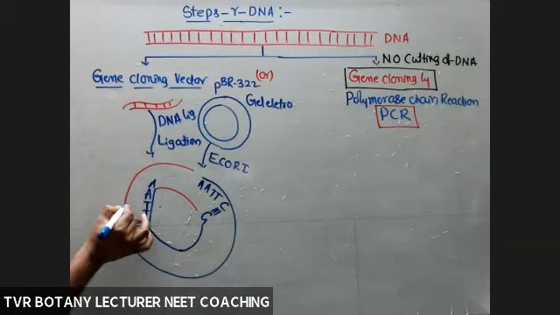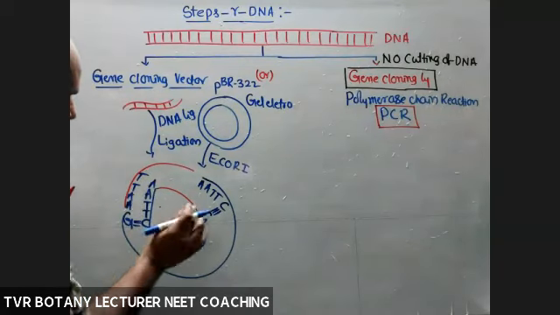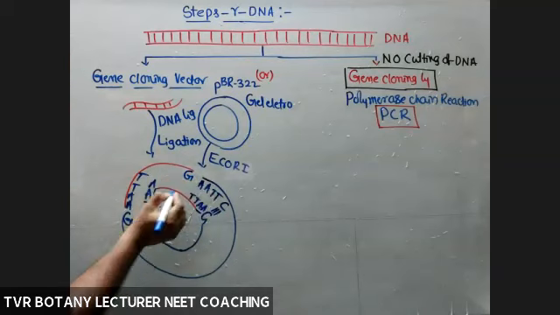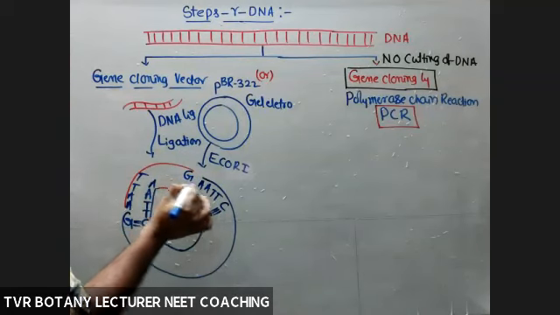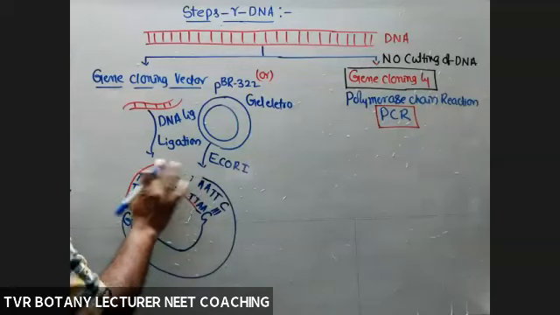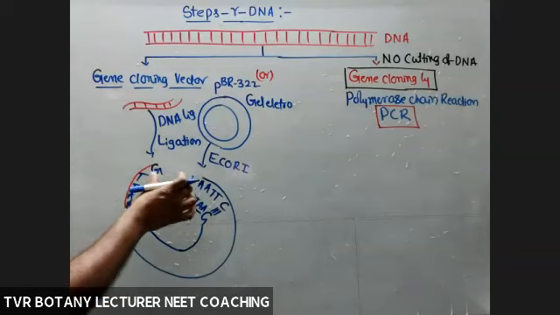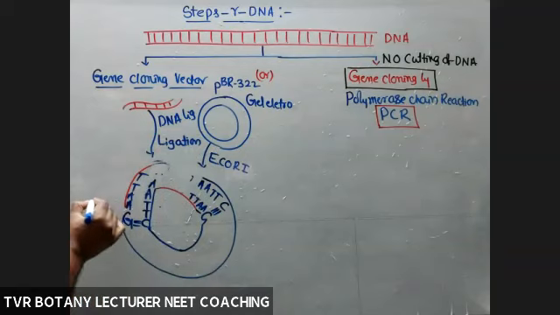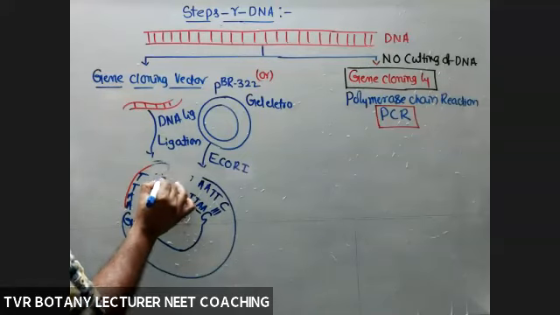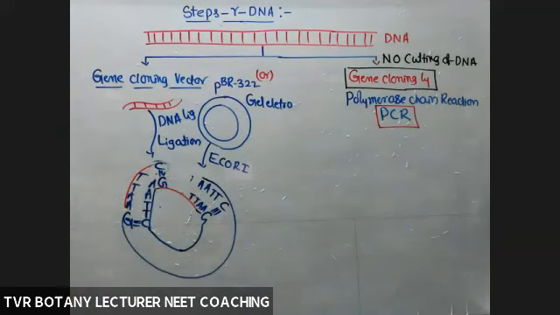Take complementary nucleotides A, T, T. So here also T, A. Next G, C. Add this fragment, and here G and C, and continue it.